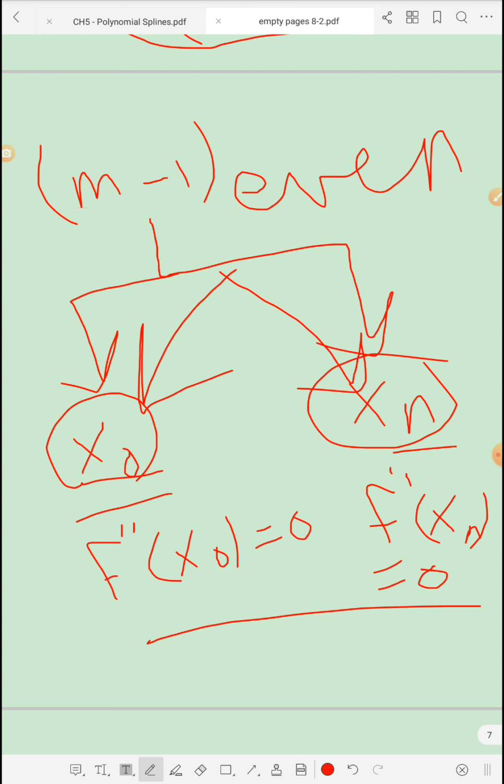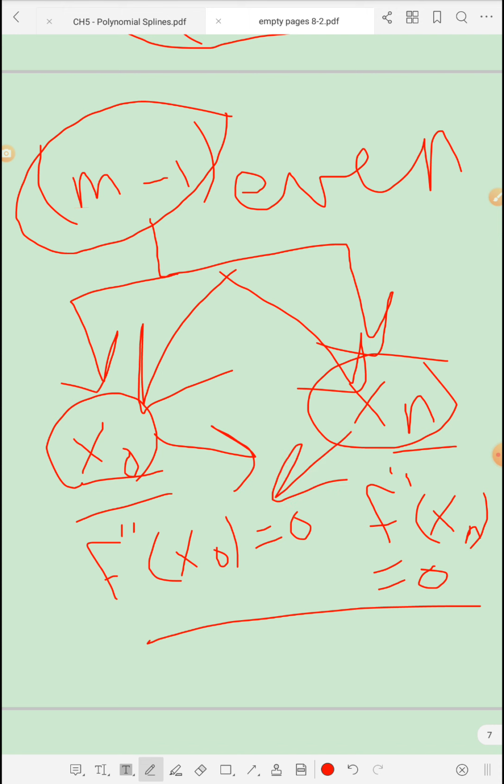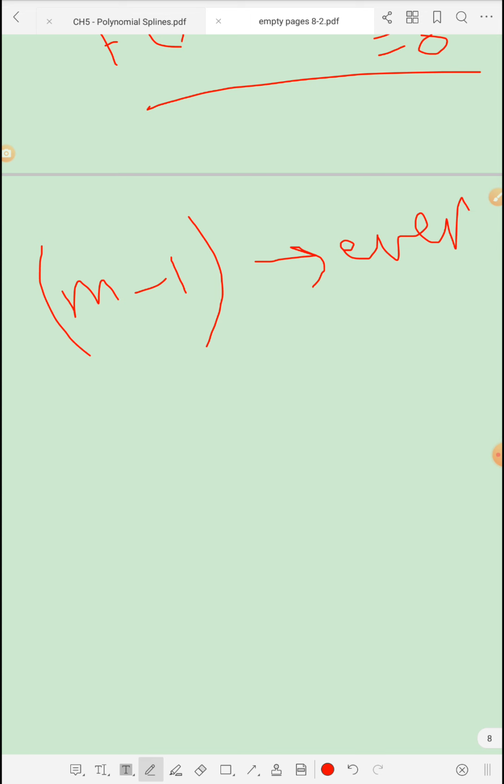So m minus 1, in order to be distributed equally between x naught and xn, should be even. What does this mean? We should not forget that m is the order of the polynomial. So if m minus 1 is even, what will be m, the order of the polynomial? It should be odd.